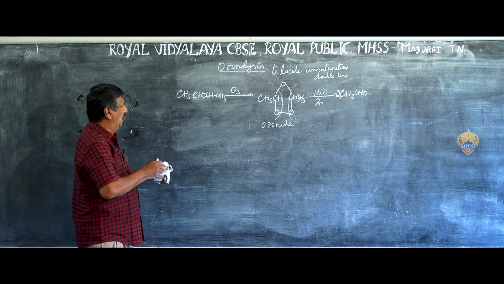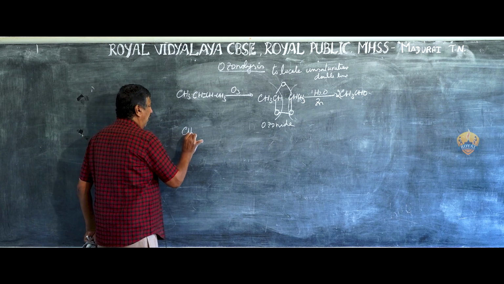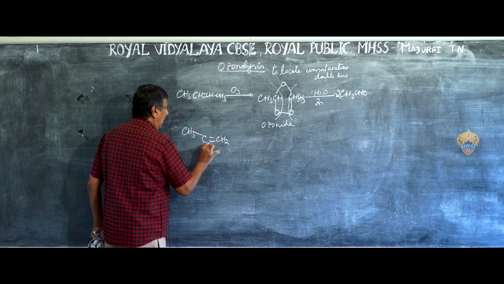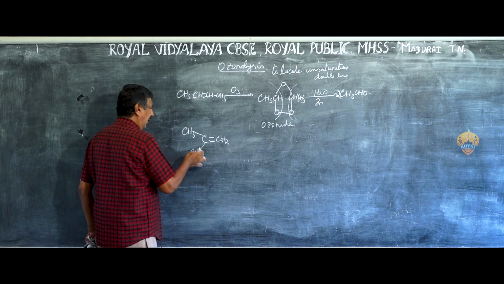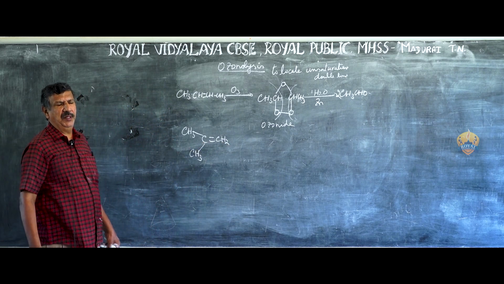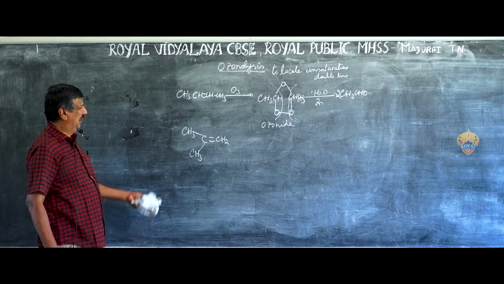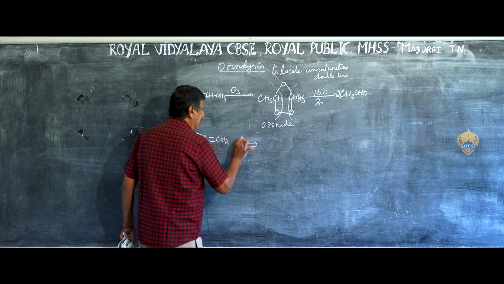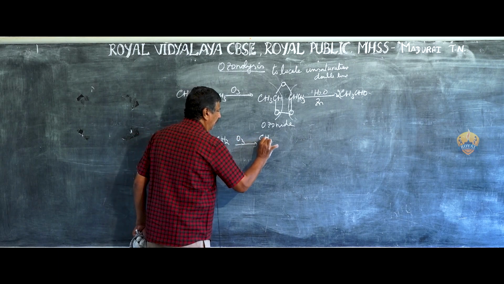Okay. Next one, you can go for a branched compound like this, isobutylene. What will be the answer? As usual, what should you do?